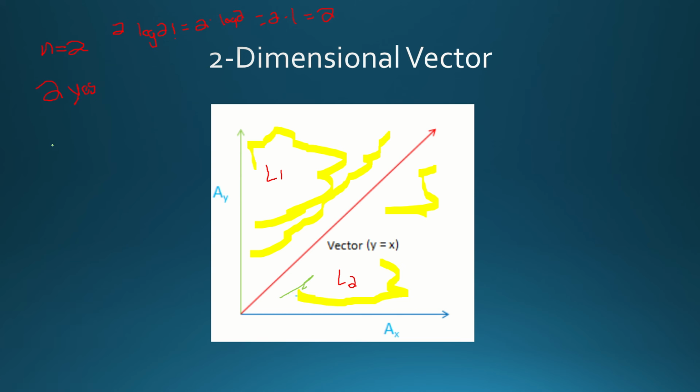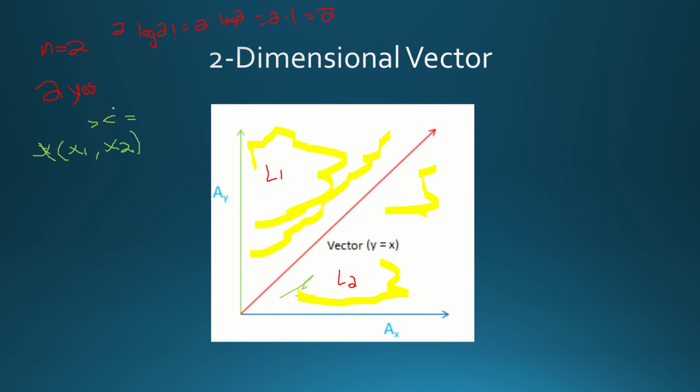Since we have two elements, x1 and x2, there are two possibilities: they're either going to be greater than, less than, or equal to.